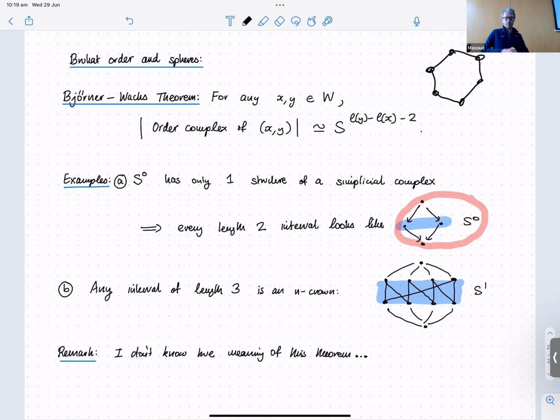I have a question. Can you hear me? Yes. Yesterday, did we resolve why the Kazhdan-Lusztig polynomials that evaluate to 1 are these smooth elements? Are those one and the same? I think you referred to that today again.